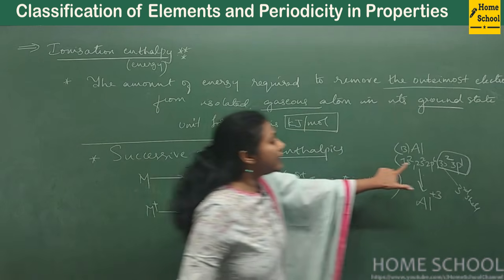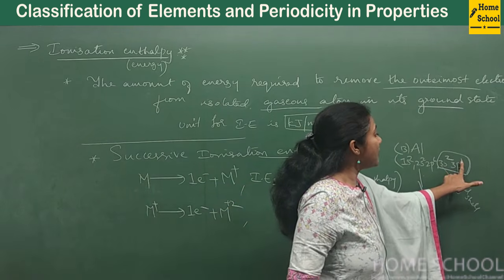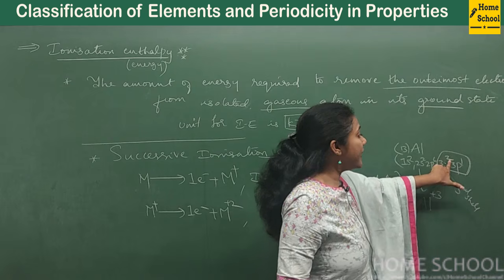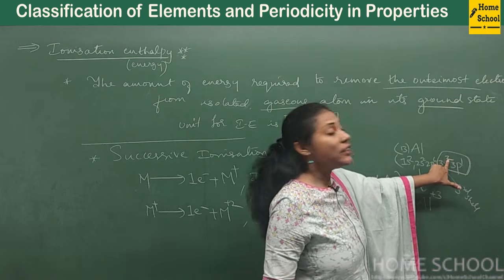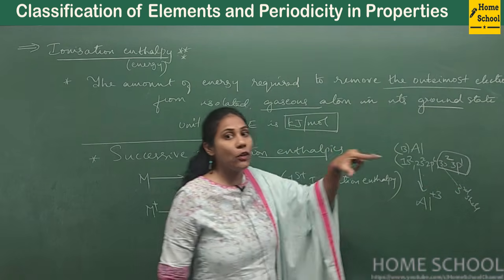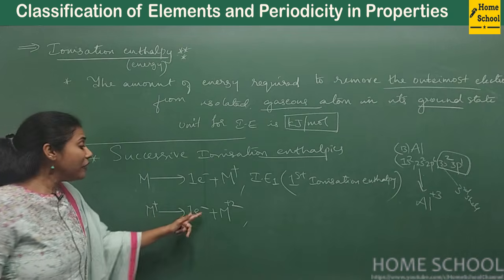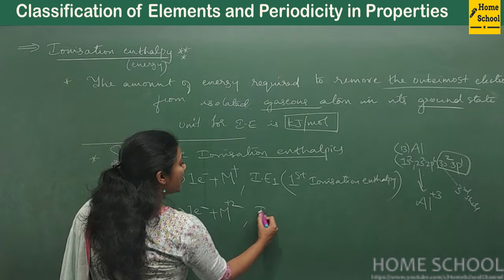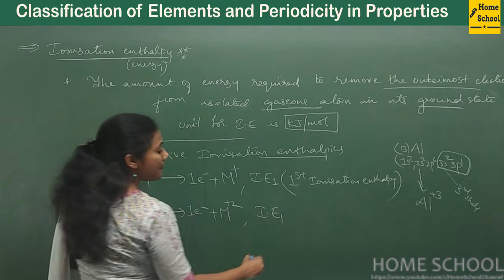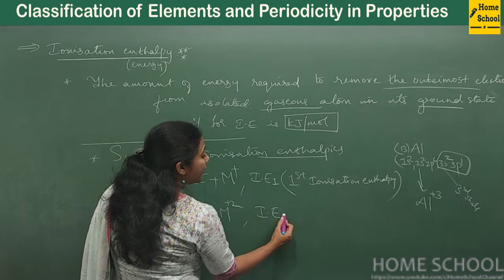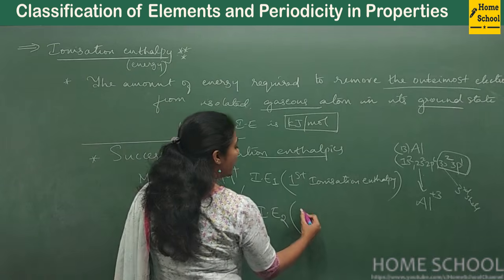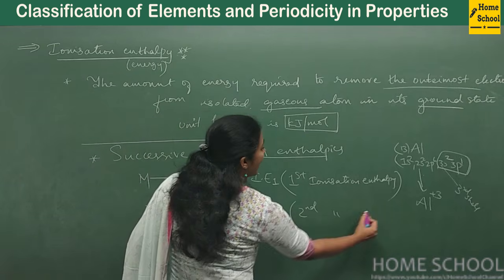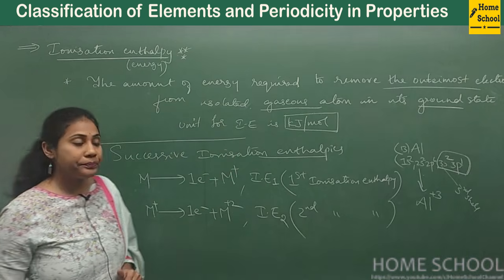When you have 3 outermost electrons, in the first step you removed one and in the next step you are removing one among the 2. That is the second outermost electron you have removed, and the energy required for this step is called IE2, which we call the second ionization enthalpy.